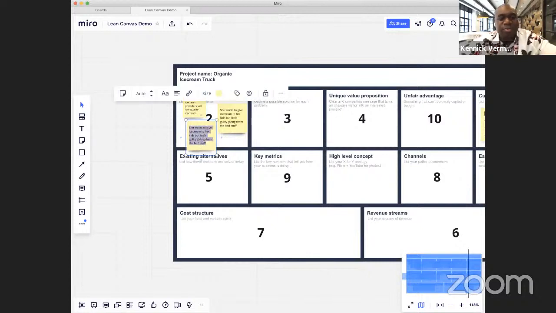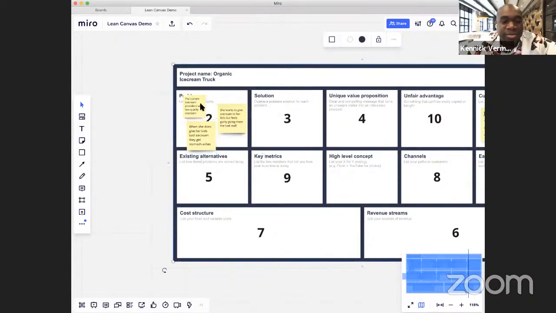And another problem could be when she does give her kids bad ice cream, they get stomach aches. All right, three major problems for Jenna.